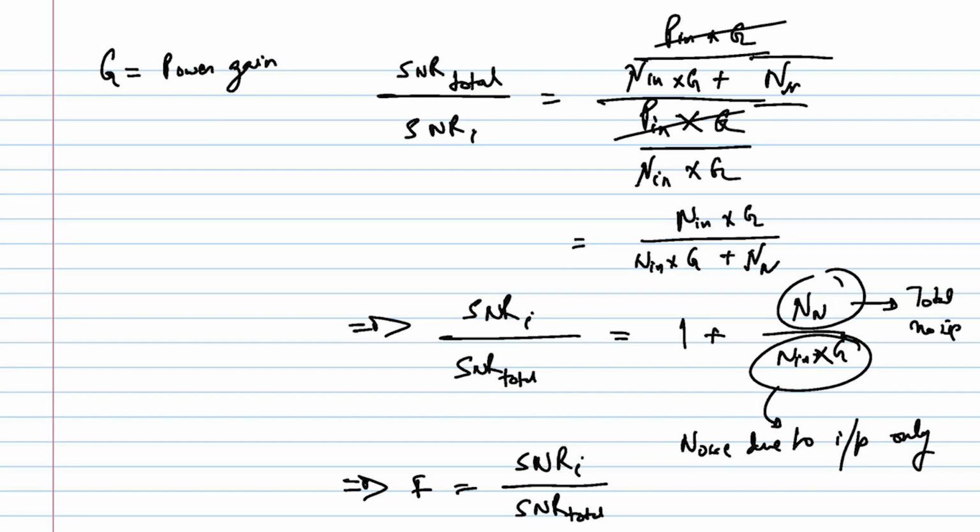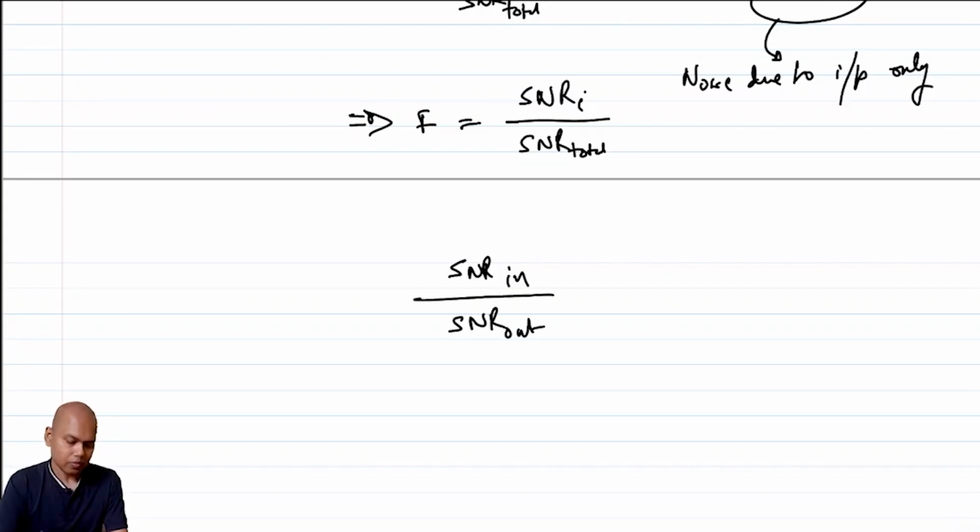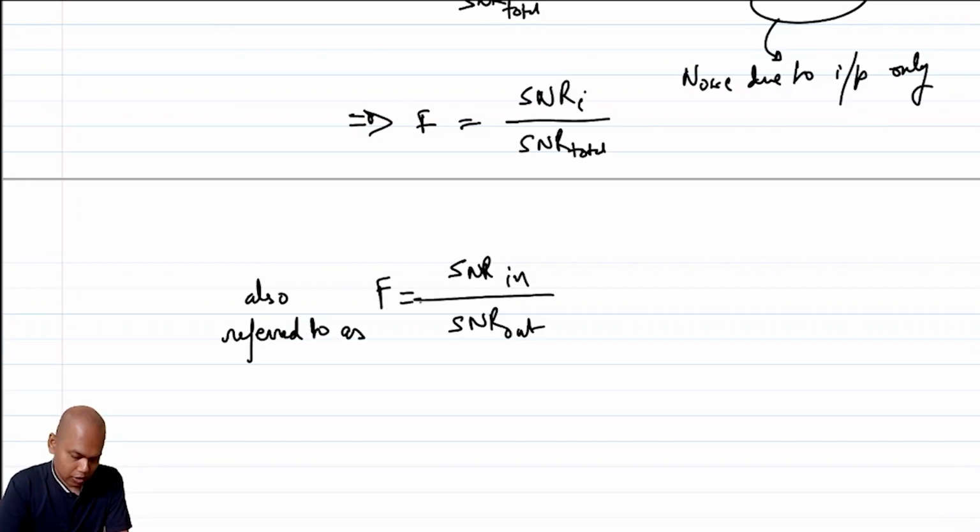More formally, it is also called SNR in divided by SNR out.